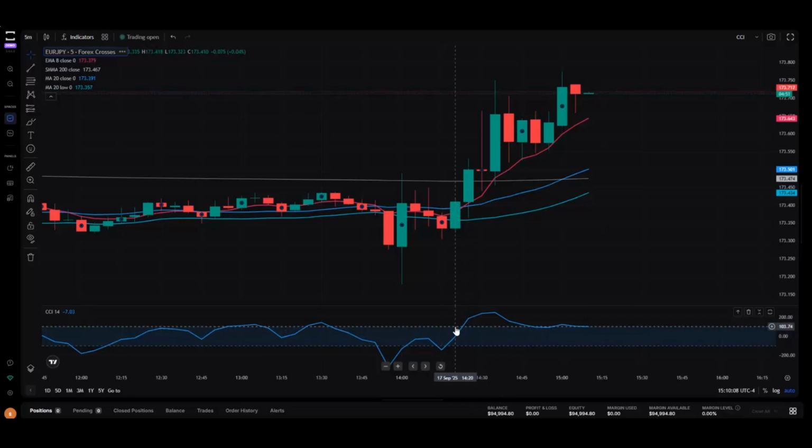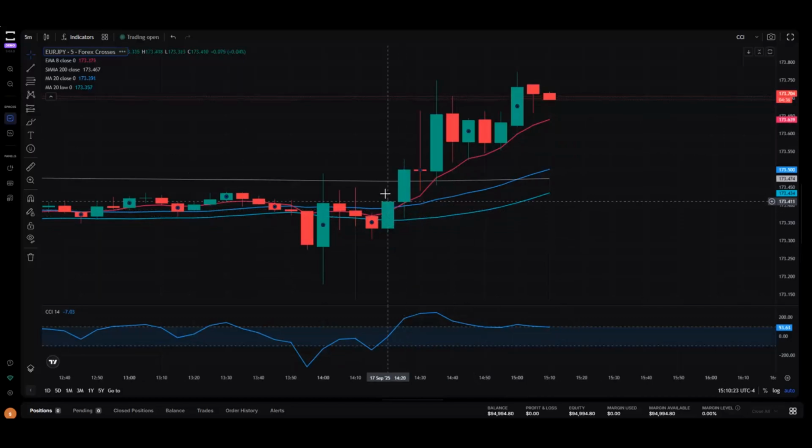This is telling you that the momentum to the upside is very strong, and the bulls are definitely in charge in this area. So if you were to trade this particular instrument, and you saw that in this area the candlesticks are closing above the 8-period EMA in this particular zone, this will give you a strong signal to go long in the markets.